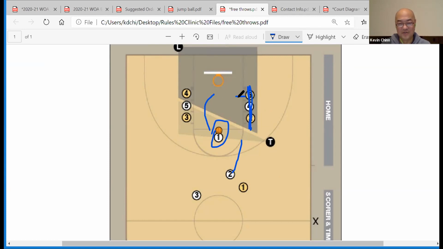This guy steps in, delayed violation. If he steps in first and this guy steps in, we have what? Which one do you penalize? Count the first violation. The first one, I would think. And we ignore the second one, if that's all that happens.